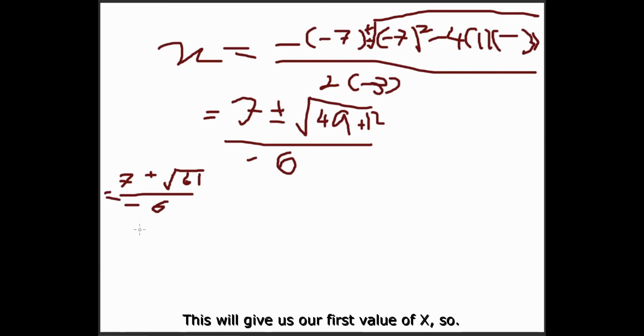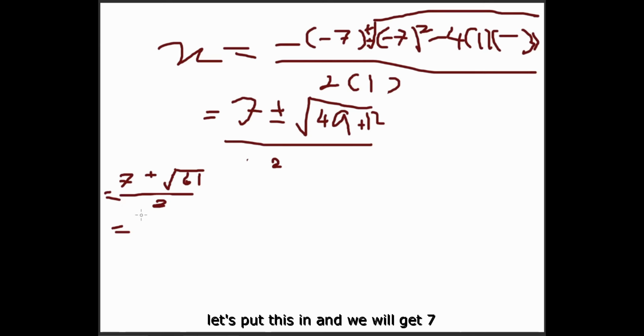This will give us our first value of x. Excuse me, I'm mistaken. The value of a is actually 1, not negative 3. Let's put this in and we will get 7.4051.